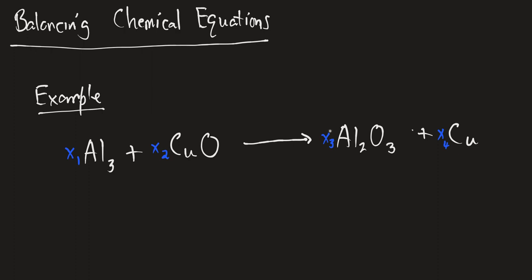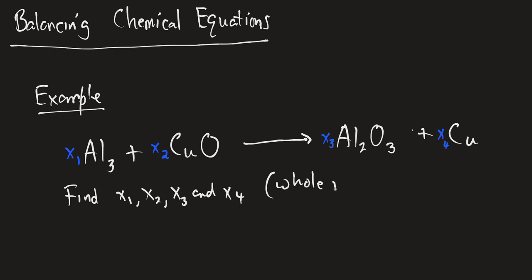All right. So what is our goal? Find x1, x2, x3, and x4 as whole numbers, in other words positive integers, to balance this equation.